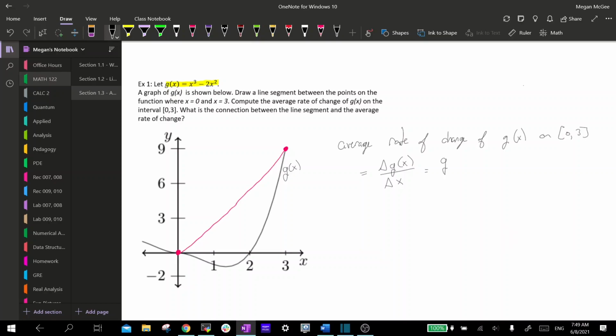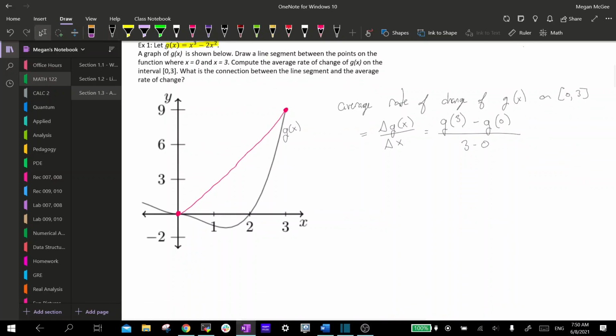So this is g evaluated at 3 minus g evaluated at 0 over 3 minus 0. So that's our g of b minus g of a over b minus a. So now we need to calculate g of 3 and g of 0.